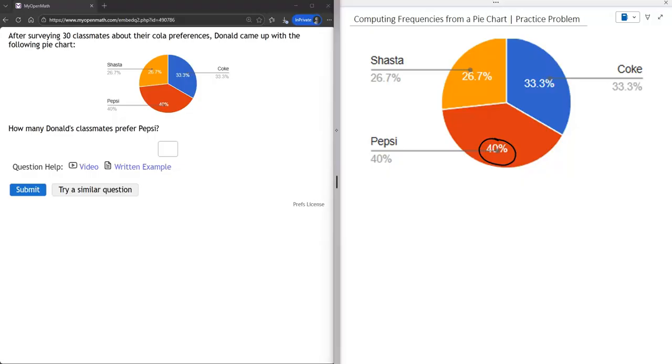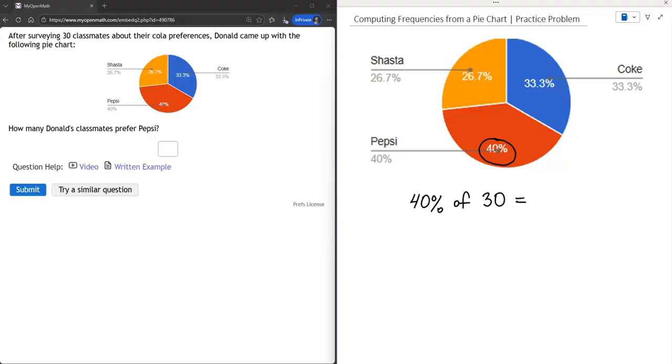So the question is asking not what percentage of Donald's classmates prefers Pepsi, but in absolute numbers, how many classmates prefer Pepsi. So to rephrase this question, we are asked what is 40% of 30.